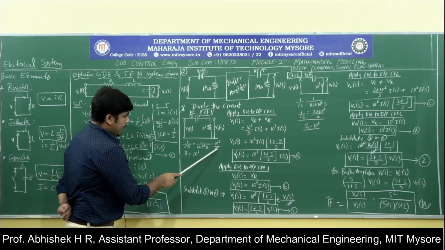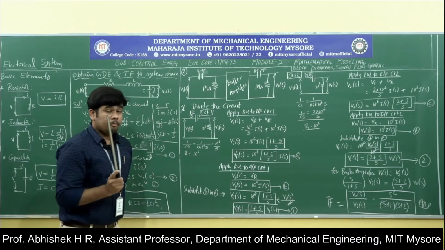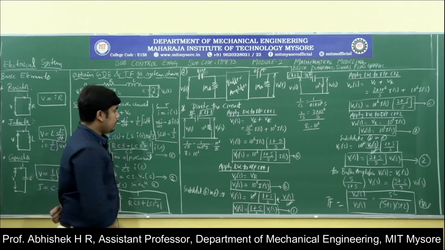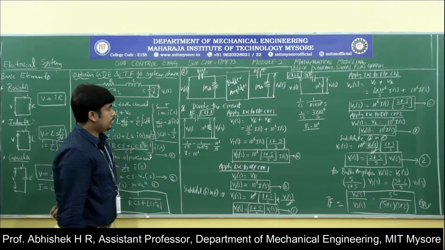Now the value will become 10 to the power of 6 by S for the capacitance, and similarly for the resistance it will become 10 to the power of 6.